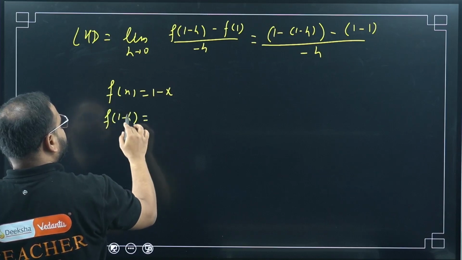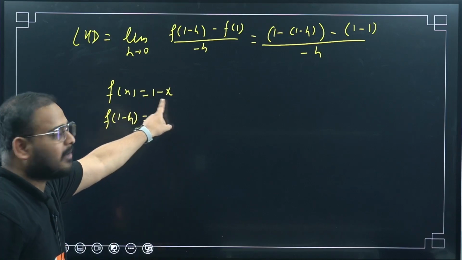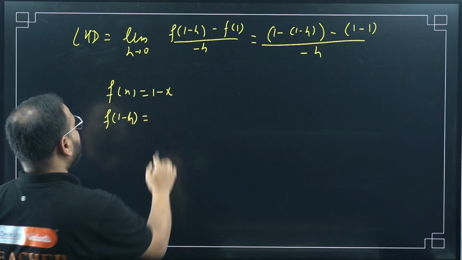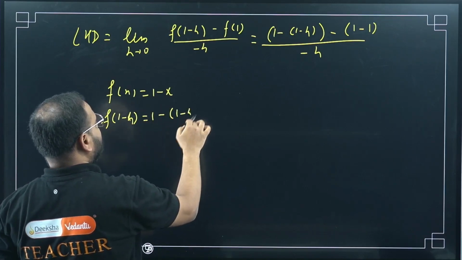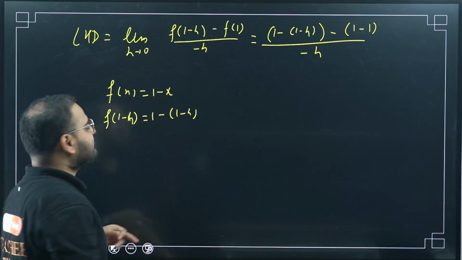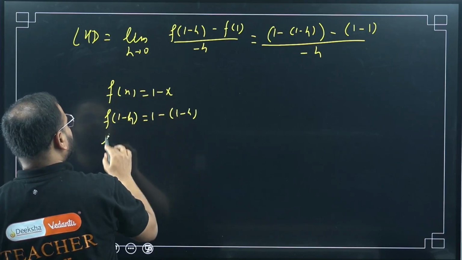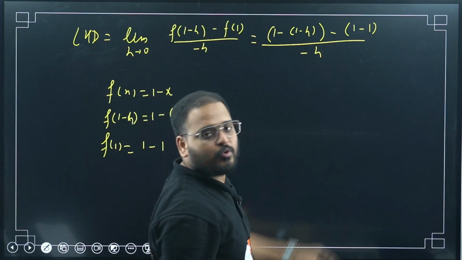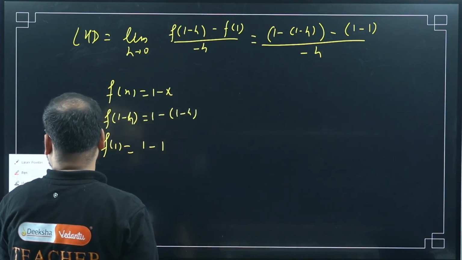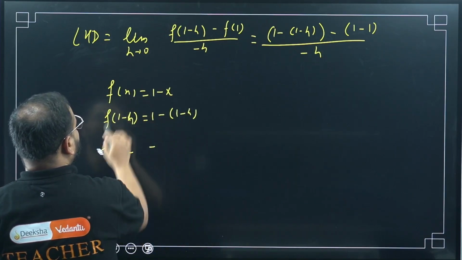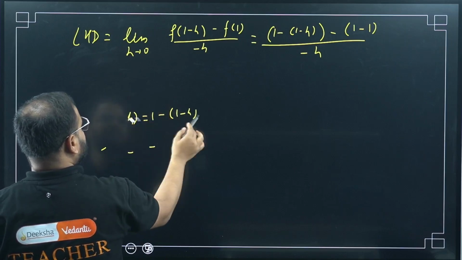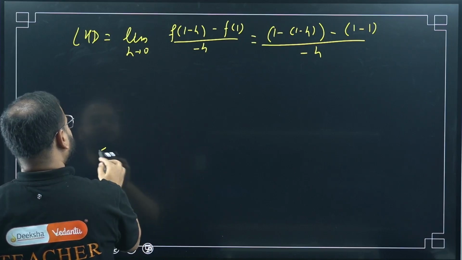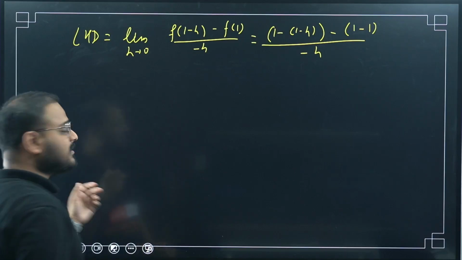Tell me. f of x is 1 minus of x. f of 1 minus h will be 1 minus of 1 minus h only, na? Same thing I've written there, right? Same way, if f of x is 1 minus of x, so what is f of 1? 1 minus of 1, right? Same thing I've written there. So no confusion, okay? Just to explain you, if you are not able to relate at this point, that's why, okay? Only one question I've taken on this concept, first principle.